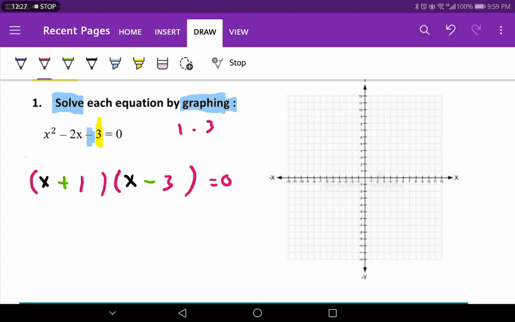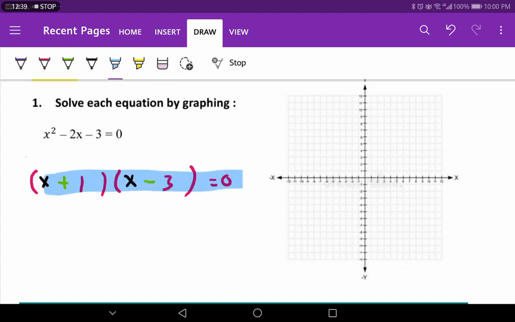Why can we not do it like this? Actually, he asks you to solve the equation by graphing, not by factoring. If he said by factoring, go ahead and do this. But here he asks you to find it by graphing. So what do I have to do, my teacher? I will tell you.